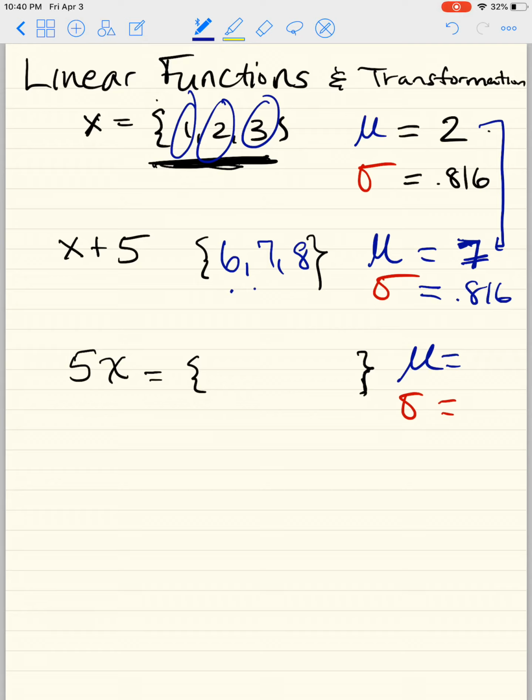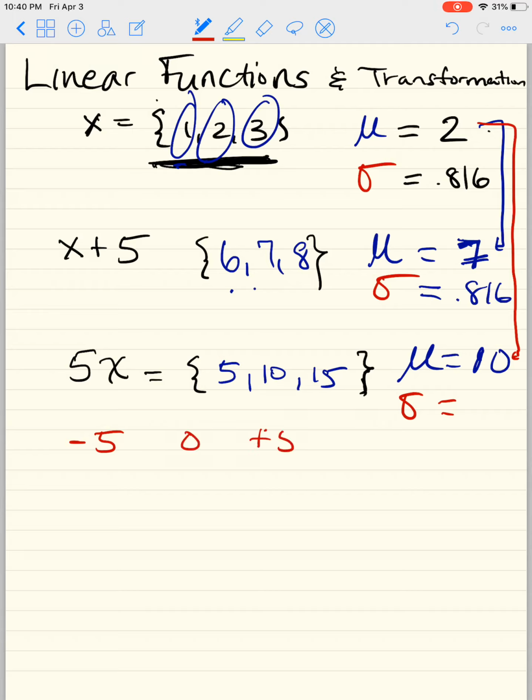If I multiply 5 times each one of these elements, I would get 5, 10, 15. My average is 10, so you notice that it went from 2 to 10, so it increased by a product of 5. And let's see what happens with our standard deviation. The distance from 5 to 10 is -5, and from 10 to 10 is 0, and from 15 to 10 is +5.